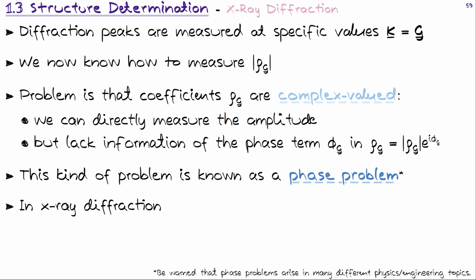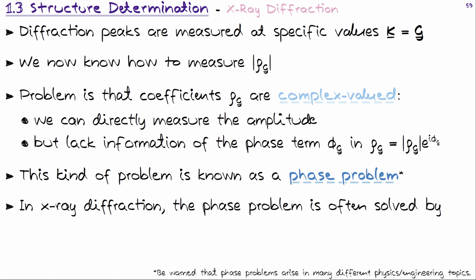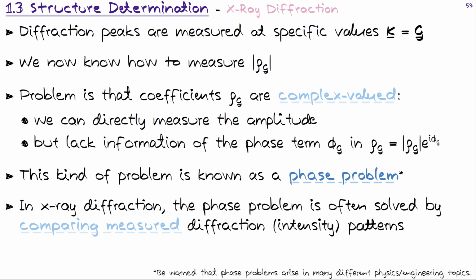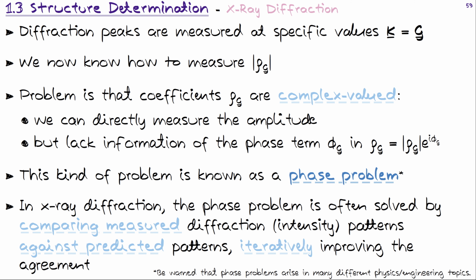And in X-ray diffraction, the de facto tool for solving this phase problem is that we are iteratively solving it. Basically we are comparing measured diffraction patterns, these irradiance patterns, against some predicted patterns based on, for example, the math we have just discovered. And we are iteratively improving the agreement between the prediction and the actual measurements.